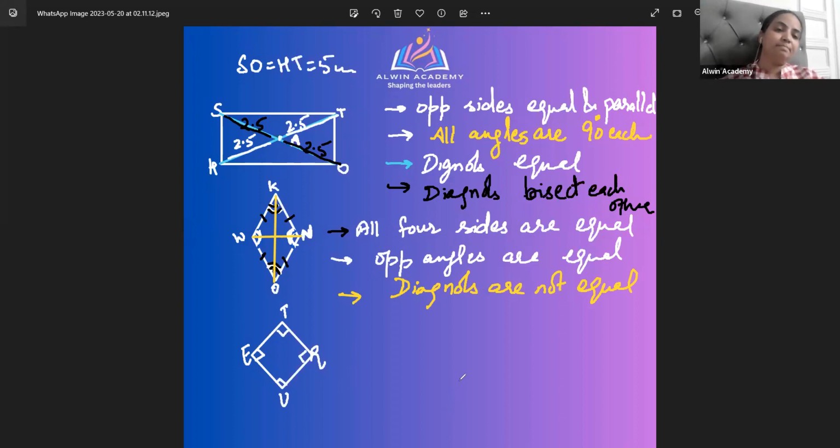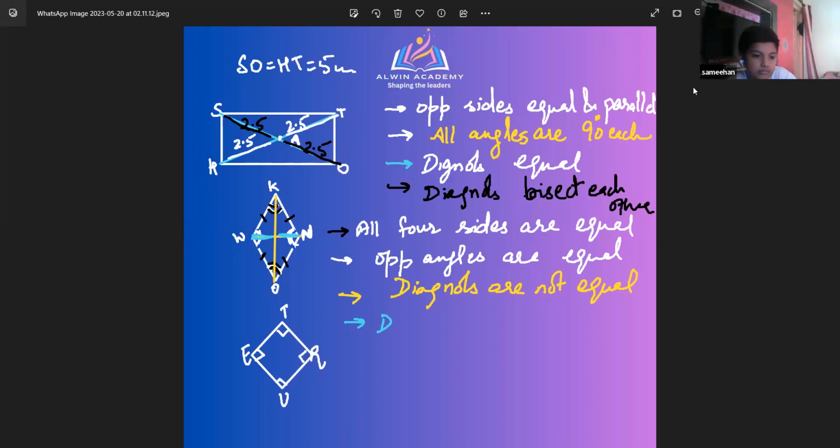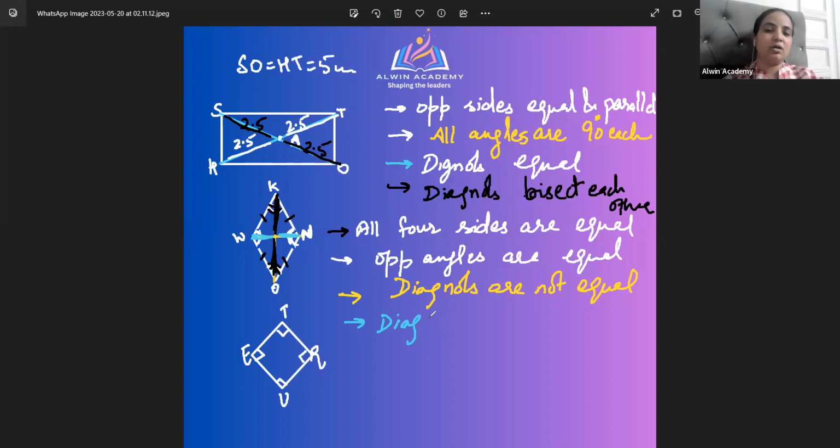But like any other parallelogram, diagonals will bisect each other. Aren't they bisecting? Look, this half is equal to this half, right? Looking like that or not? Yes, ma'am. And this half equals this half. Yes. So diagonals are bisected. So I'll write this as diagonals bisect each other.